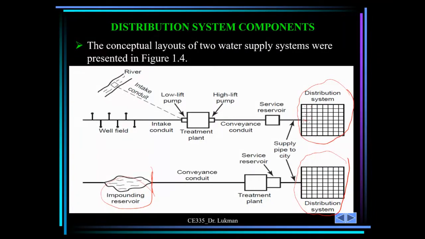So, this is where we are going now to dwell. This is what we are going to be considering. Okay. At the beginning, we looked at flows in rivers. We analyzed the flows, normal flow, and how to measure the flow. And then the treatment plant is taken care of by the environmental engineering section, CE330.